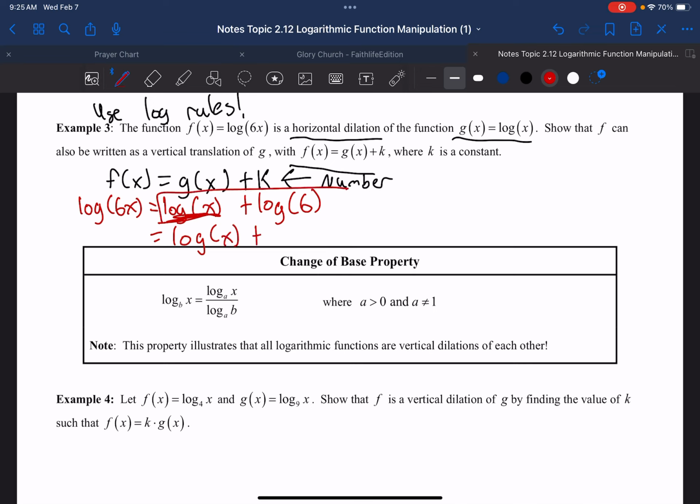You would stop here, but you could also rewrite it as this. I'm trying to think of the best way to explain this. You could think of this as log of 6x is log of x shifted up by about 0.78, which is that vertical translation piece that they were talking about.